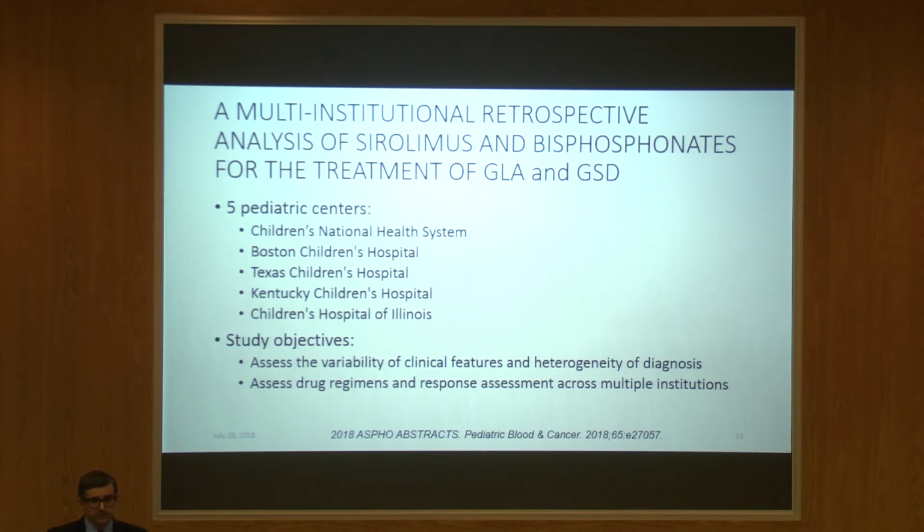And we wanted to look at patients who had GSD or GLA who received this combination therapy, sirolimus plus a bisphosphonate. We wanted to look at their clinical characteristics, but also wanted to see how the bisphosphonate was given and how the responses were assessed, and try to look at efficacy and toxicity.